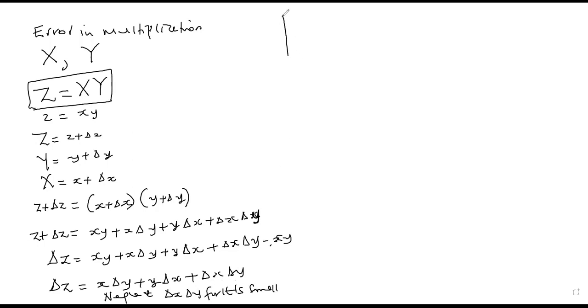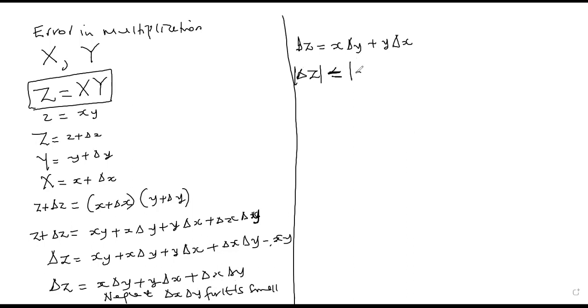So implying that our delta z is equal to x delta y plus y delta x. When you take the magnitude, delta z is equal to x delta y plus y delta x.